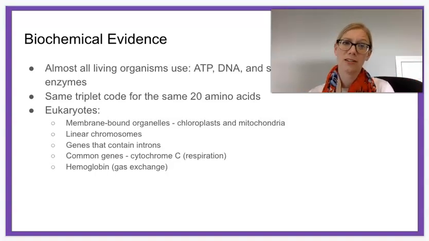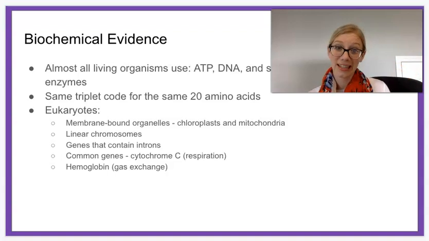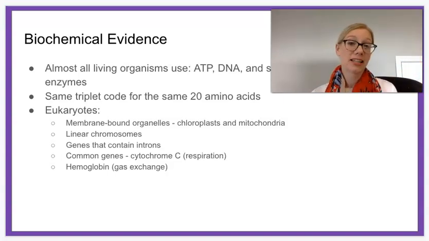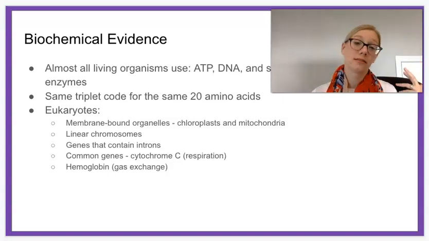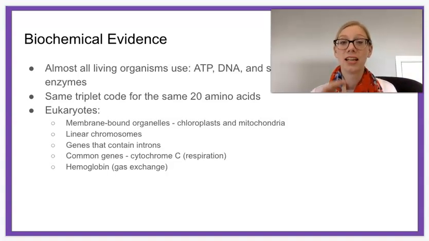Linear chromosomes in all eukaryotic organisms, genes that contain introns and exons in eukaryotes, and even some common genes like cytochrome C that's used in respiration, or hemoglobin that's used in gas exchange that we see in lots of organisms, suggest this idea of evolution.